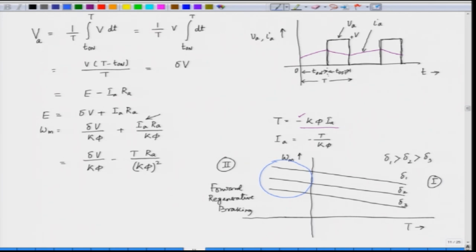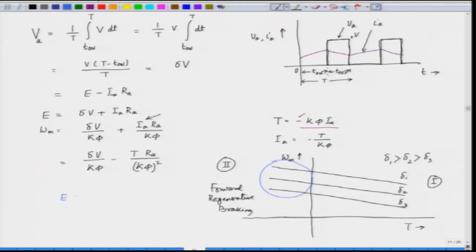So, this is a way in which we can brake the motor regeneratively. Here the torque is negative because the current is coming out of the armature, and speed is anyway positive.